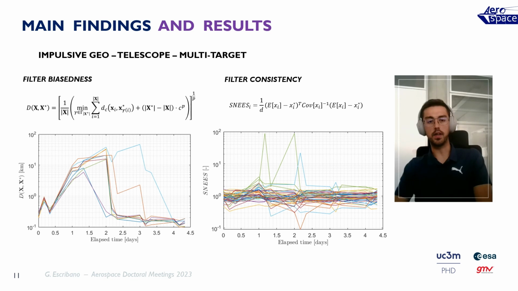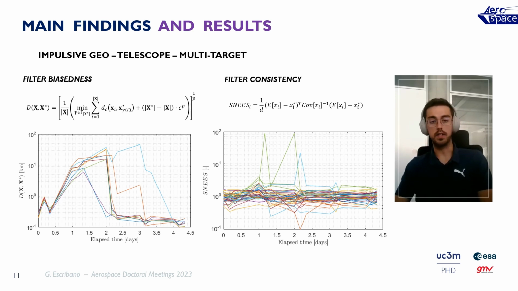In these figures, we provide some measures of the bias and consistency of our multi-target filter for an optical surveillance scenario with 10 targets, five of which perform 2 random impulsive maneuvers between days 1 and 2.